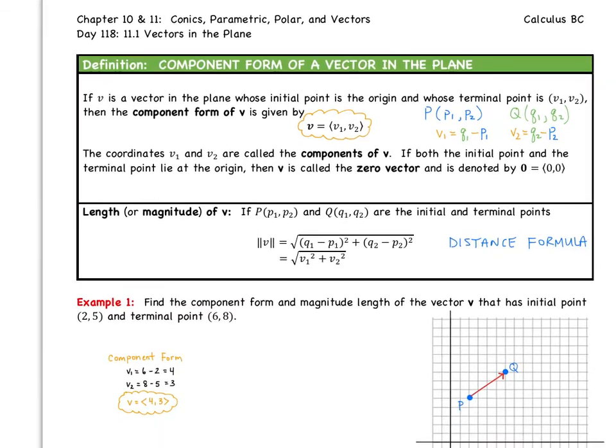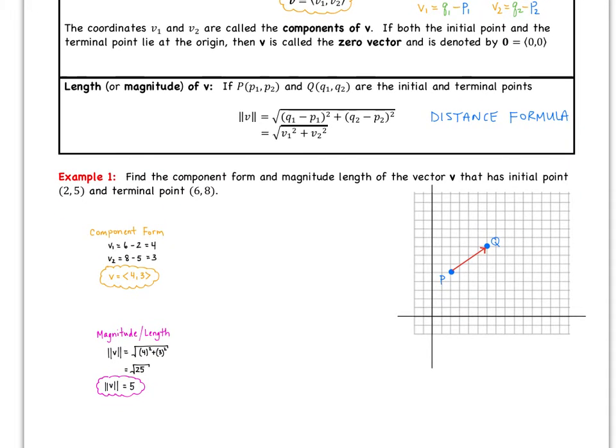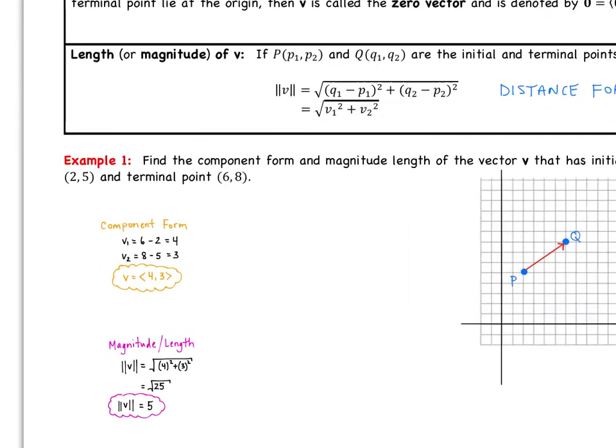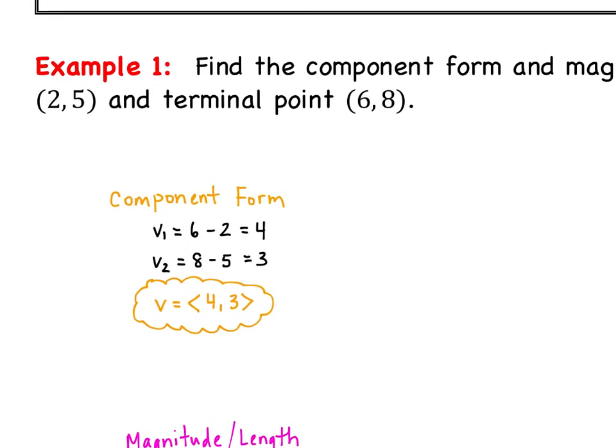So now we're going to jump straight into our first example. We're going to find the component form and the magnitude, or length, of the vector V that has an initial point (2, 5) and terminal point (6, 8). So our component form V1 is simply Q1 minus P1, and we get 4, and V2 is Q2 minus P2, we get 3.